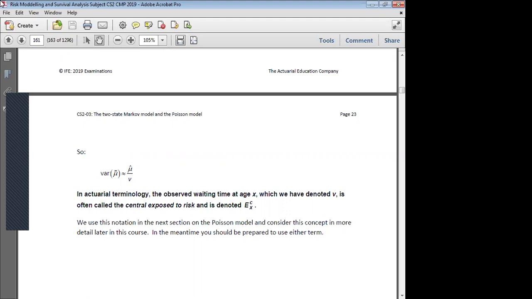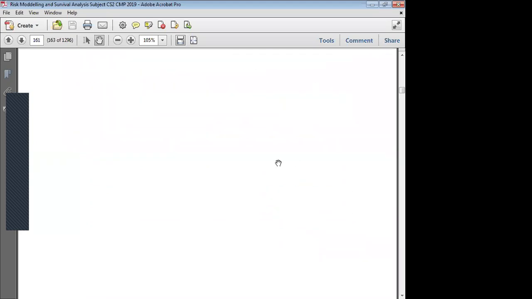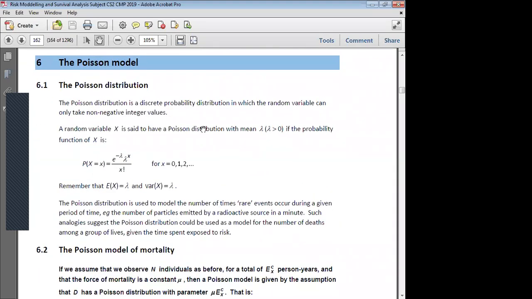Now once you have this mu, you can assume different models. The only model in this chapter that we are going to look at is the Poisson model. We will be studying the binomial model as well for the same thing, but for now we concern ourselves with the Poisson model.